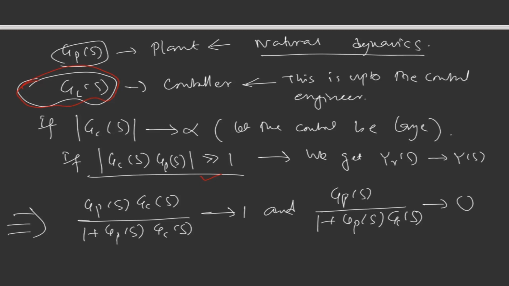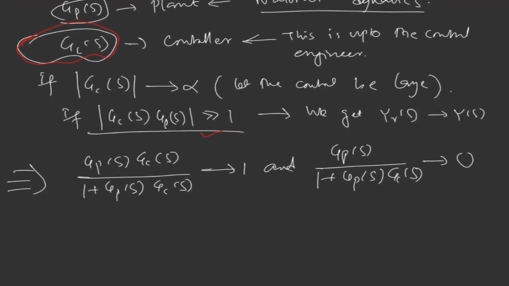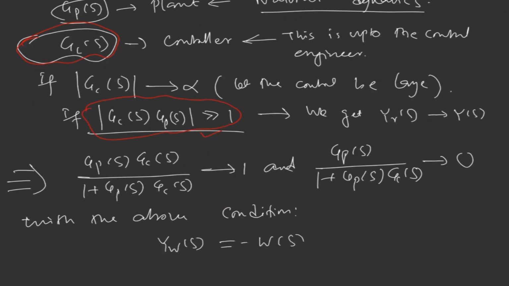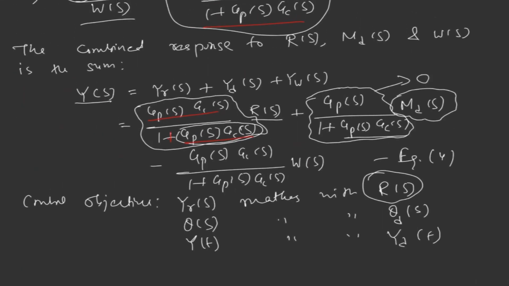But with this condition, there's one problem on the noise. With the above condition, YWS is going to be minus WS, because if you look at this equation, this term is going to be 1.